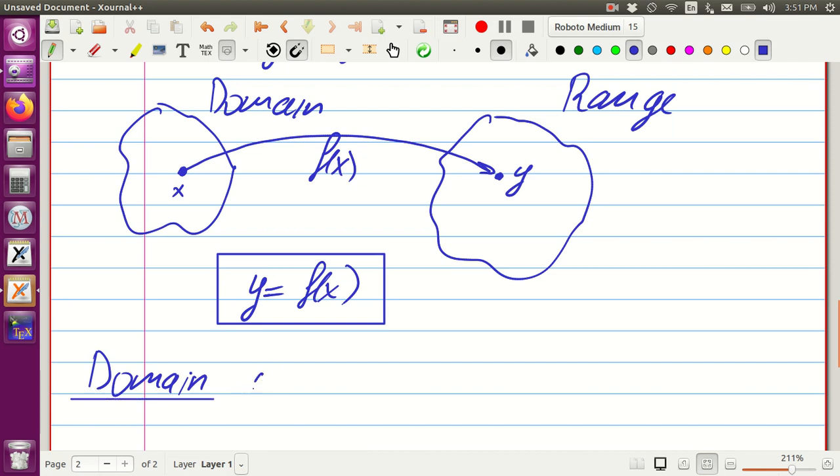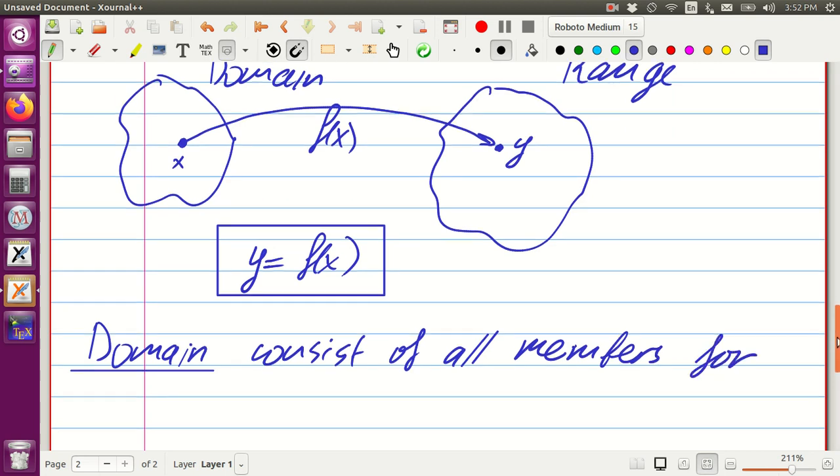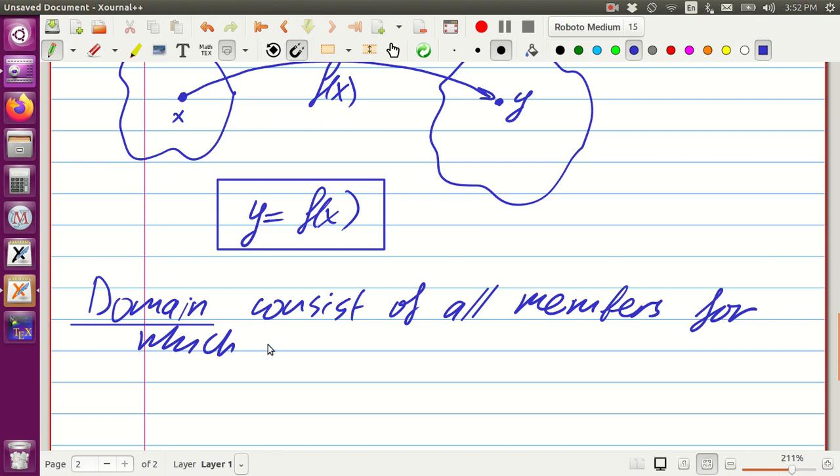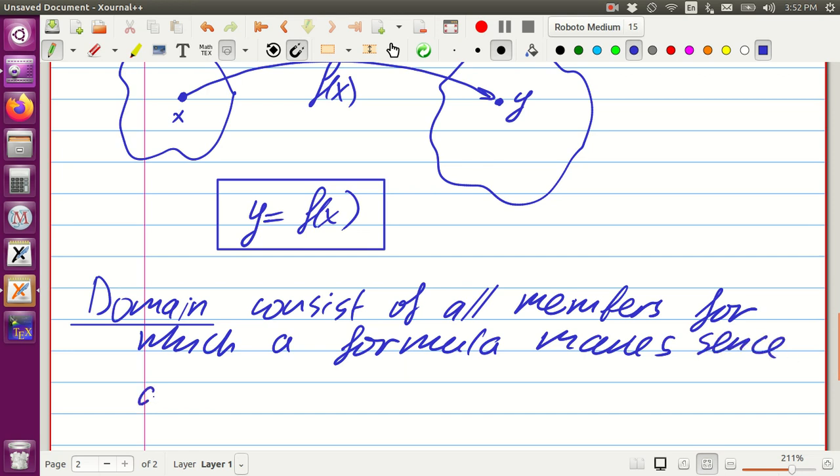The domain consists of all members for which the formula makes sense, and at the same time, it yields a real value.